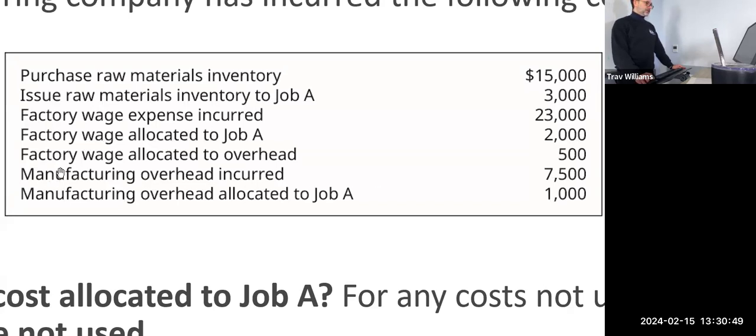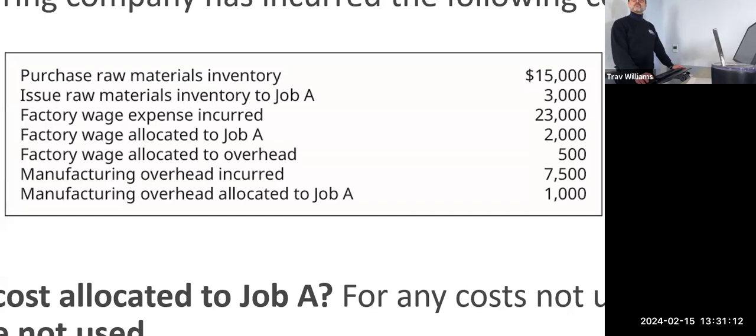And they allocated some of their factory wages to overhead. Why would we do that? Why would factory wages go into manufacturing overhead? Overtime.